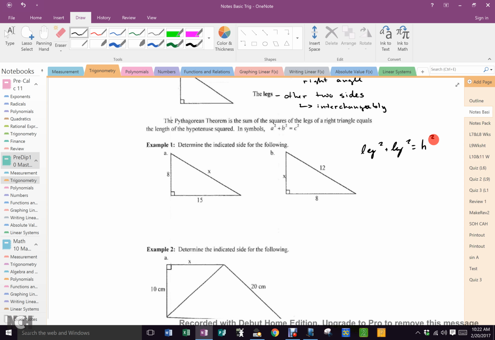It's also the square root of 80. Everybody cool? All right. Okay. Looking at 2a, what are you going to do to find x?